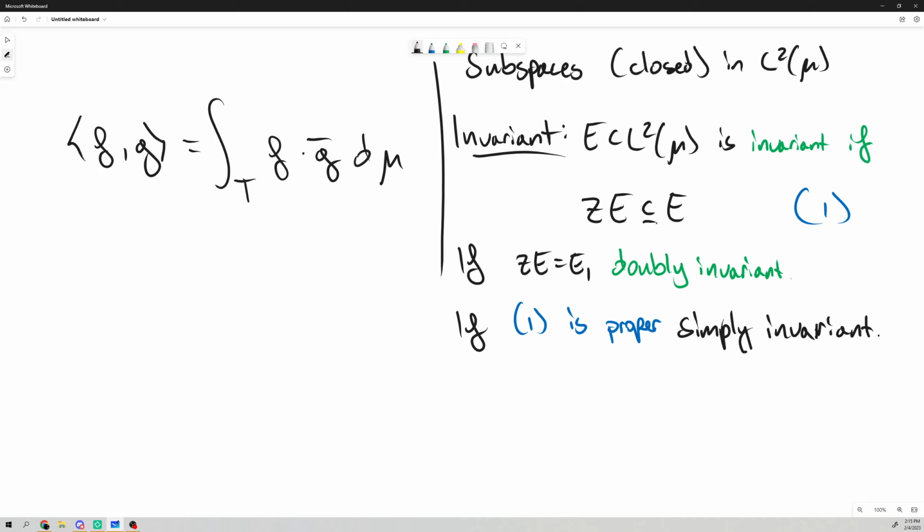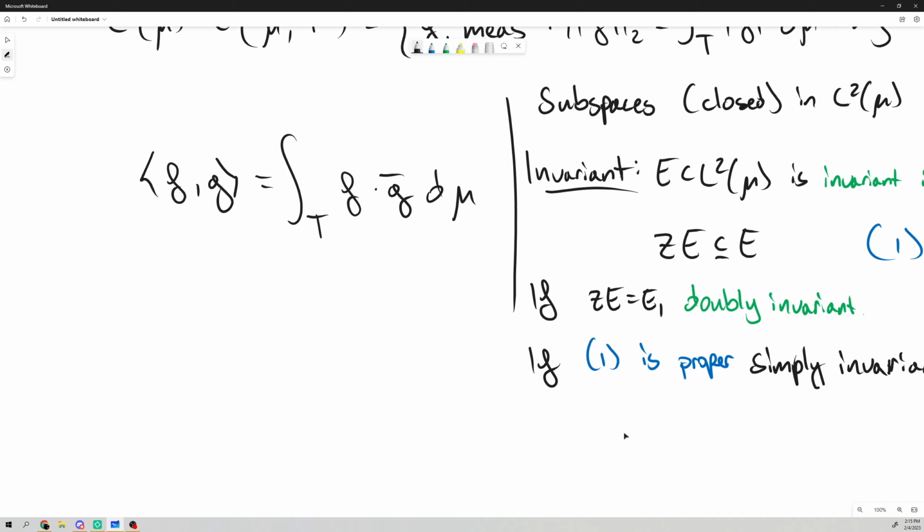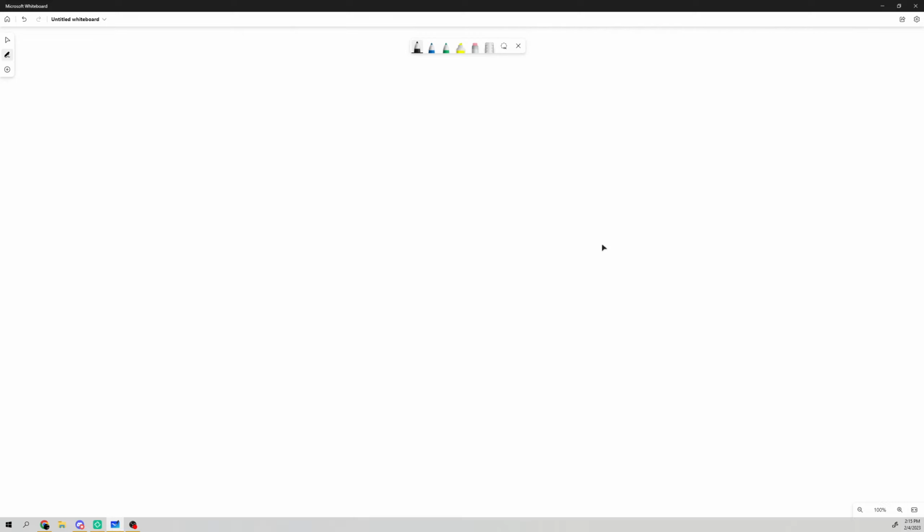Okay, there's another way of characterizing this, and I really want to discuss this because it is very important. This was actually von Neumann's idea of characterizing this kind of invariance. If you're more familiar with operator theory, this may be a better way to think about it.